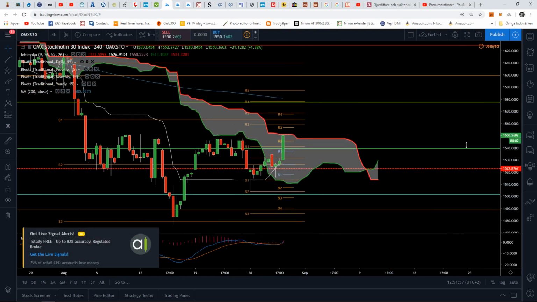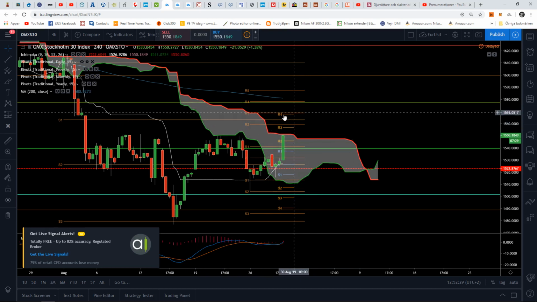There's only 8 minutes left of this candle. So we have a little bullish twist here in the future. If we can get a close above the cloud here, preferably above 1550, which is the resistance level here, above these wicks, somewhere up here, it could spur more upside actually.